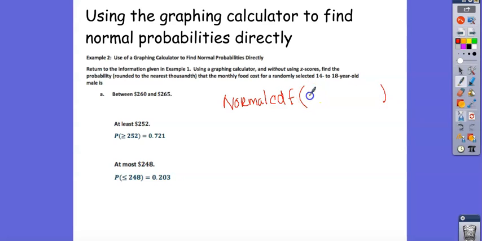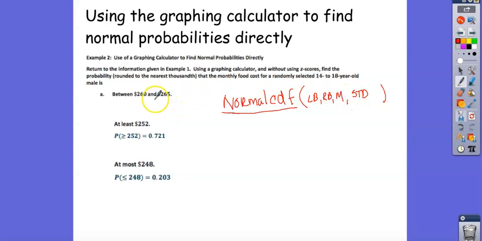On this one, you enter the left bound, the right bound, the mean, and standard deviation, and it will give it to you. It's basically the same thing you're doing in the online calculator that I gave you. Remember, with the other function that we used on your calculator before, you had to know your z-scores. But if you use this function, you can do it where you don't know your z-scores. You can just know left bound, right bound, mean, and standard deviation.